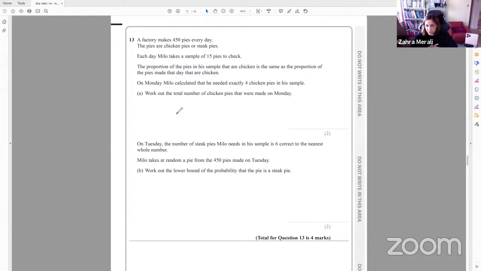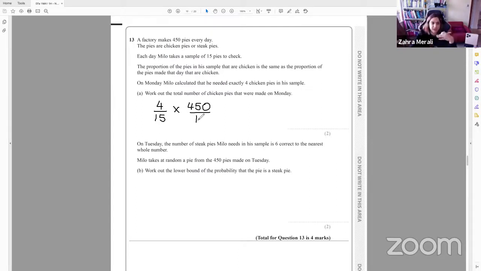Okay, so if every day he takes 15 pies to check, we know that 4 out of these 15 are going to be chicken pies. And that's out of a total of 450. So if we've got a fraction times a whole number, we can just imagine it's 2 fractions multiplied.